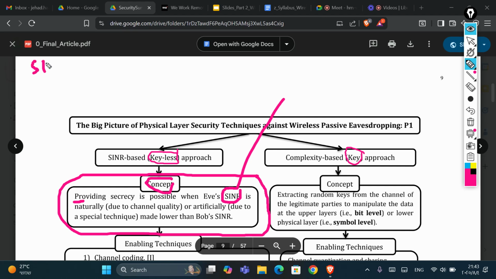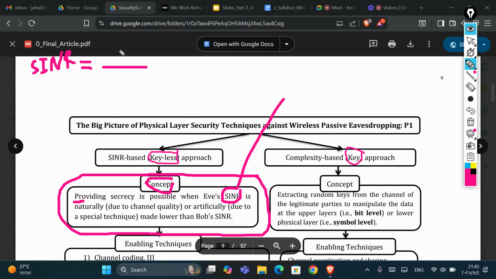S means signal, I means interference, noise ratio. So as the name implies, it's a ratio. Ratio means there is a numerator and denominator.